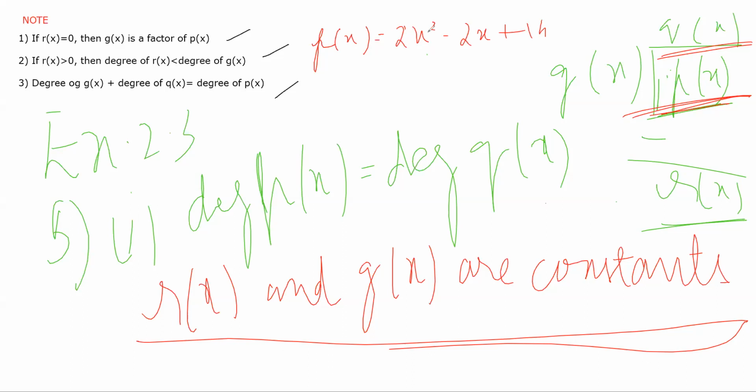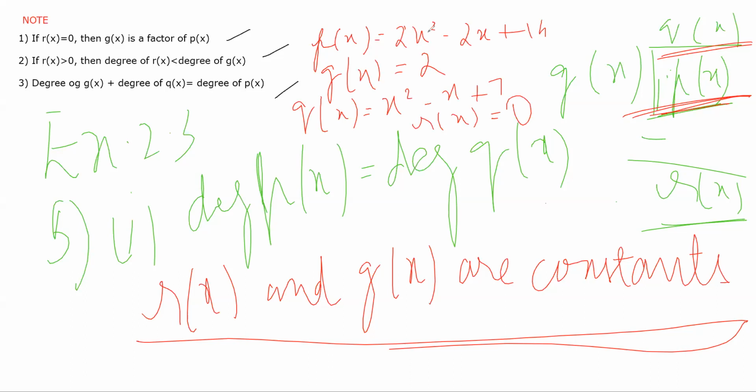Then g of x is, since it should be a constant, this will satisfy. And then q of x is equal to, when you divide these two, you get x square minus x plus 7, and when you solve this, you get r of x as 0.